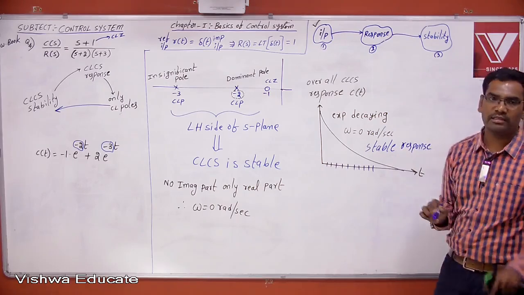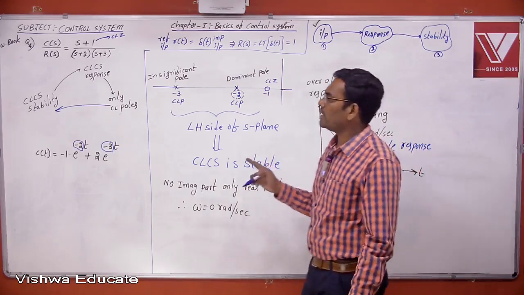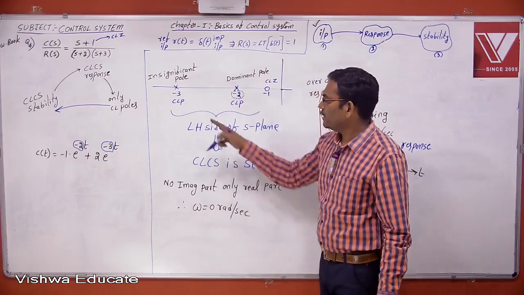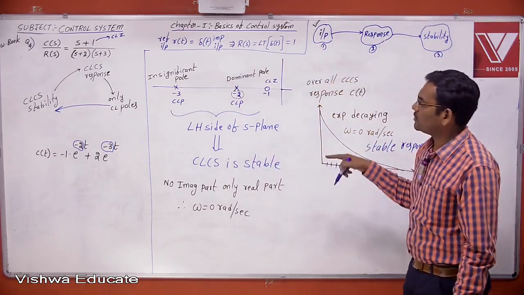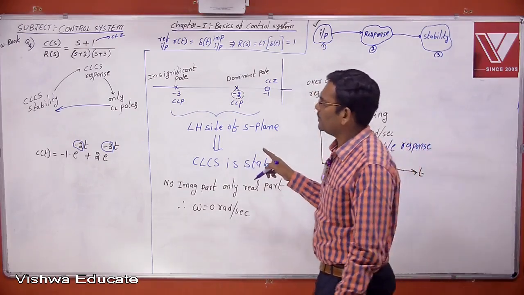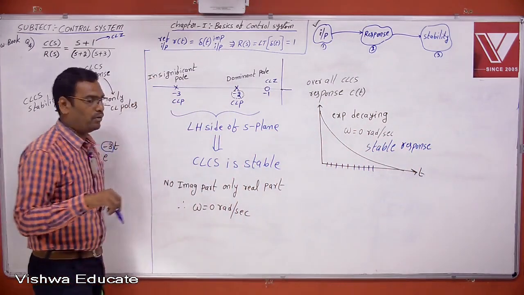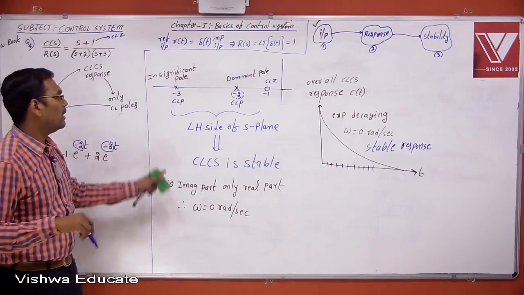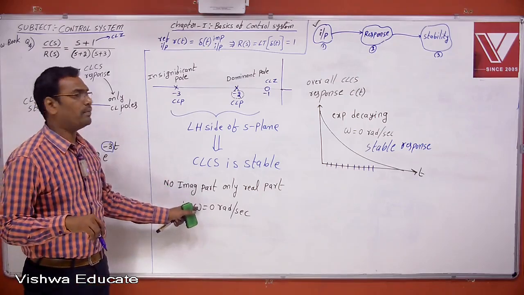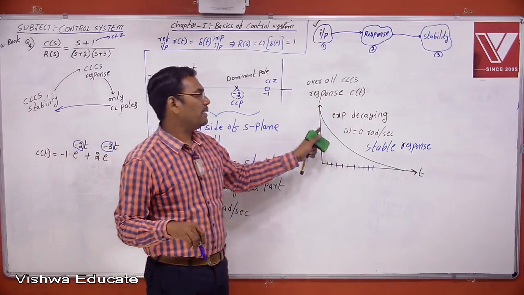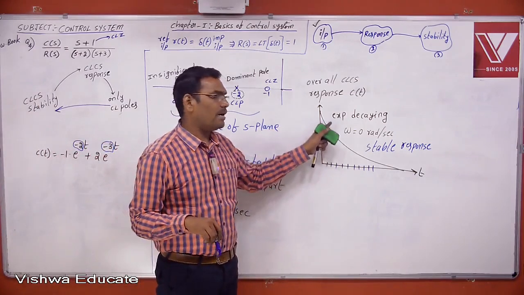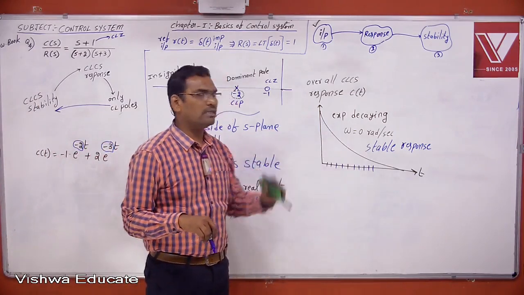Now all the questions we have finished. He is asking order, which is completed. He is asking time constant, which is also completed. The time constant is nothing but the negative of the reciprocal of the real part of the dominant pole. That formula is also important. Frequency of oscillation is completed, drawing the response in the time domain is also completed, and from the response you decided the system stability.